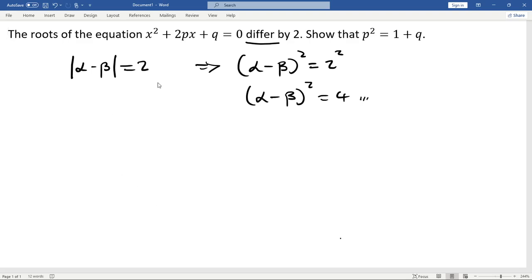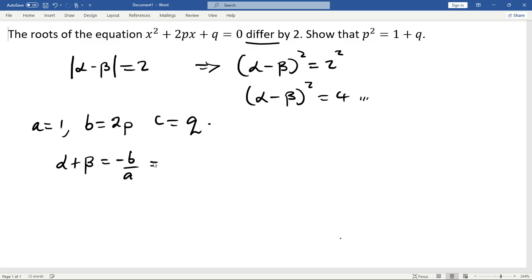Now, when you look at this expression, you'll notice that our a is 1, our b is 2p, and our c is q. The sum of the two roots, alpha plus beta, is simply negative b over a.